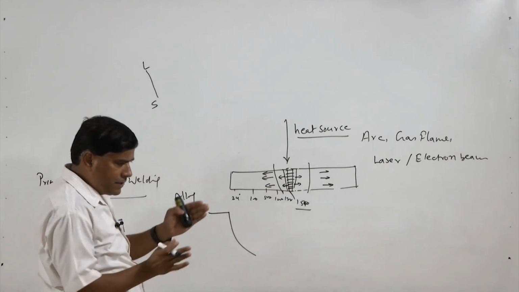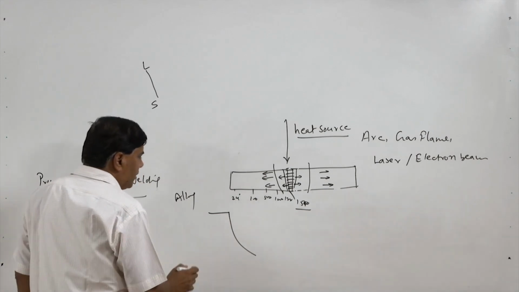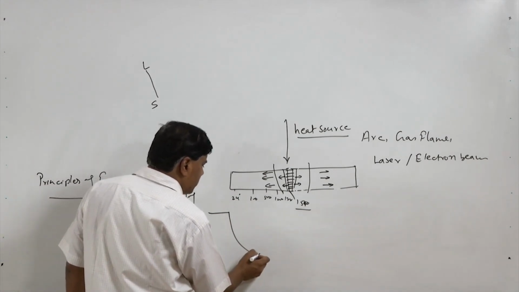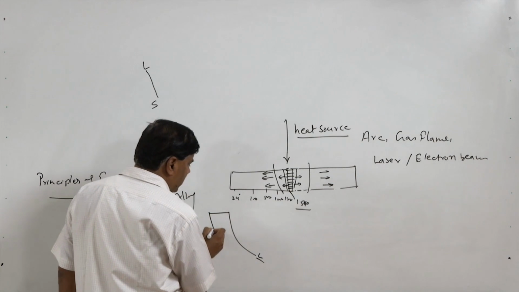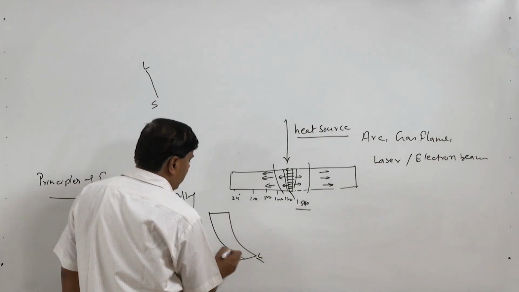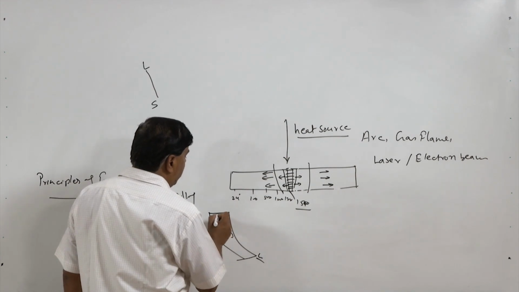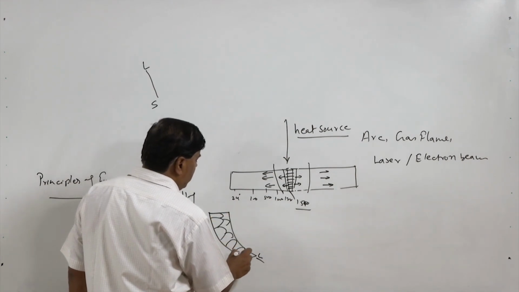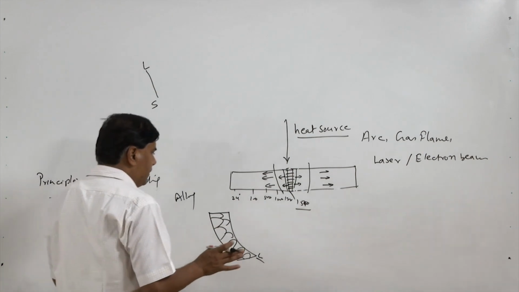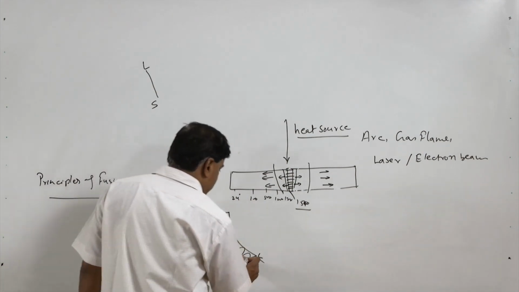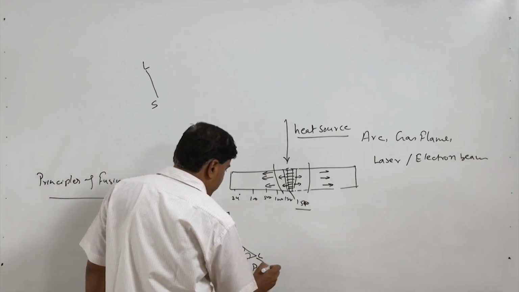This corresponds to the liquidus, and then there will be a solidus line, and between these two we have the two phase zone, where partial melting of the grains will be taking place, especially at the boundaries. So, this is called the partial melting zone.